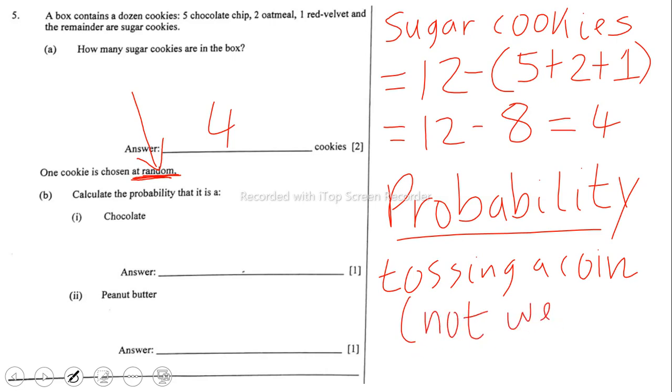So the coin is not weighted on either side. That means that each side has an equal likelihood of being picked, right? Would that be a random experiment? Yes or no?